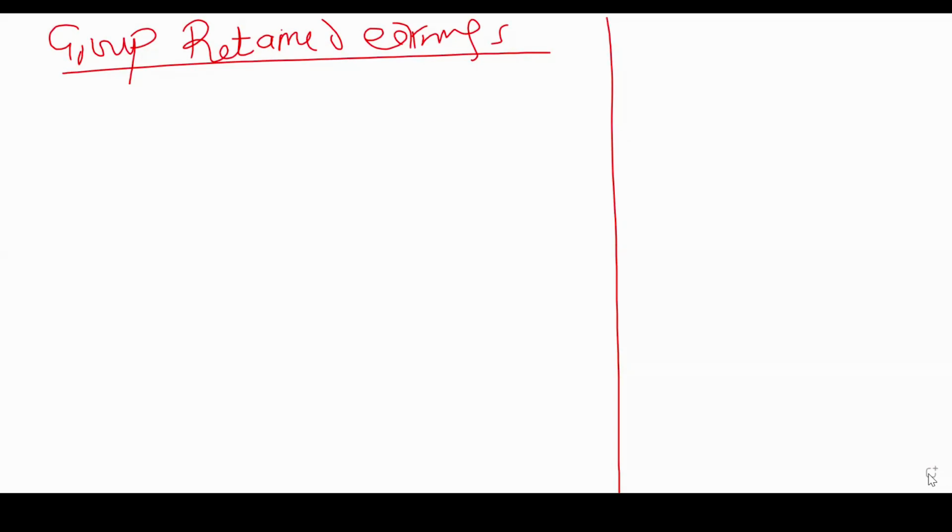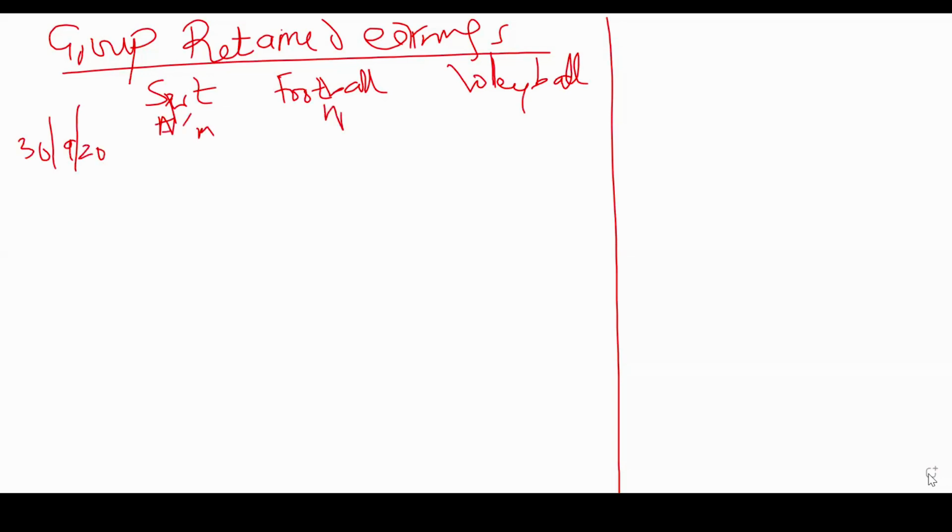Okay, so we have Sports PLC, we have Football, and then we have Volleyball. All right. Now, as of 30th September 2020, let's look at the retained earnings of each one of them.